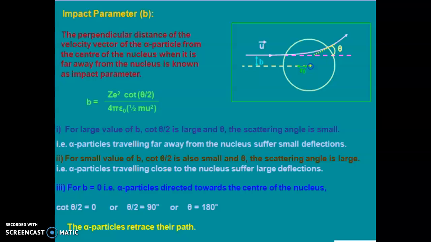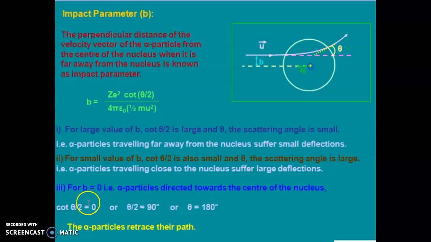Similarly, for small values of b, cot theta by 2 is small and theta, the scattering angle, is large. So whenever an alpha particle is traveling close to the nucleus, it will suffer large deflections.